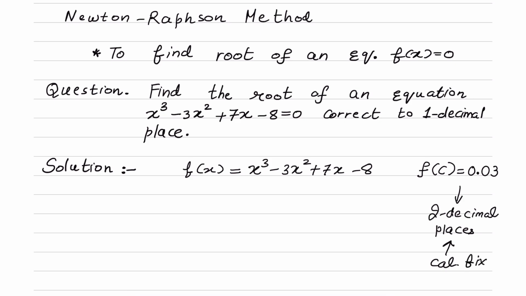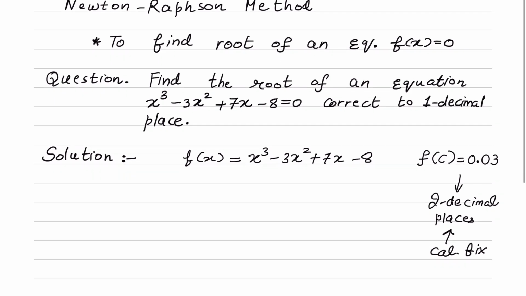Okay, after fixing the calculator up to 2 decimal places, we will get back to our question, which is find the root of the equation x cube minus 3x square plus 7x minus 8 equal to 0. Here we are calling f of x as x cube minus 3x square plus 7x minus 8.